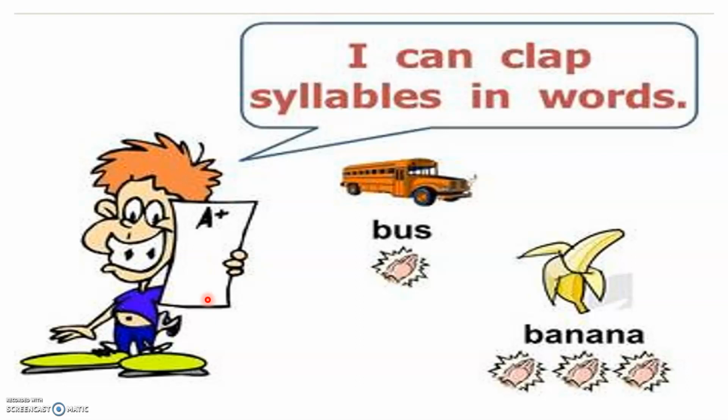First of all, we need to identify how many syllables we have in the word. Words usually can be one syllable, two syllables, three or more syllables. How should I know how many syllables I have in the word? Usually we clap the word to know how many syllables we have.